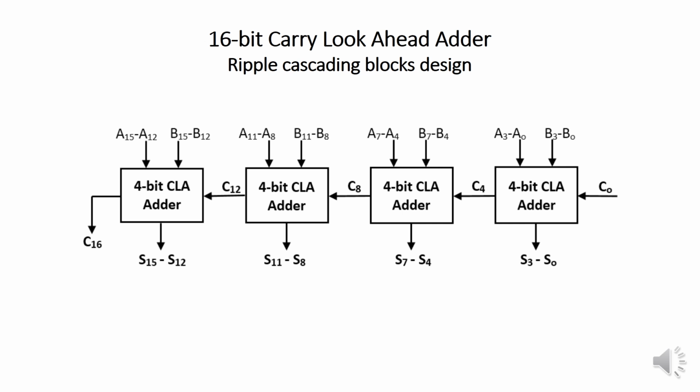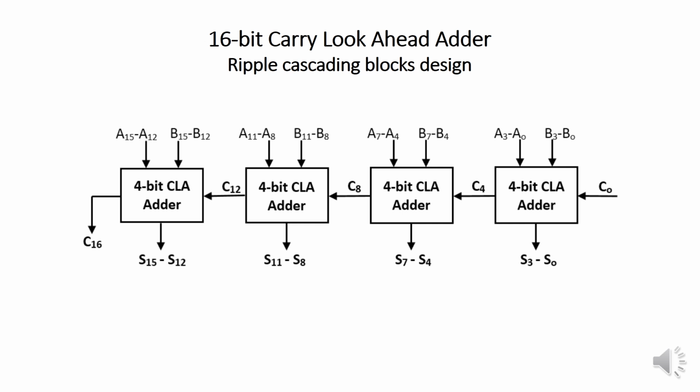Designing a 16-bit carry look ahead adder in a single block is impractical, as I have just said, because the equations for the carries as you go up to higher number of bits will become exceedingly complex. The product terms will become larger in size. Number of terms will also become very large, requiring very large OR gates. So, this diagram is the first alternative using the ripple cascading design.